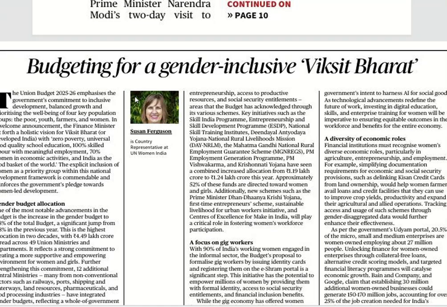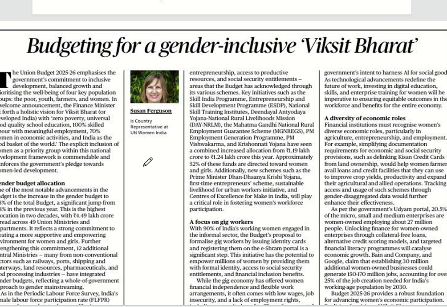Budgeting for gender inclusion. Here, gender inclusive means what? In this editorial, the main thing has been discussed in great detail: gender budget allocation. Basically, gender inclusive means how much of the budget has been declared or allocated for gender, for women or men.